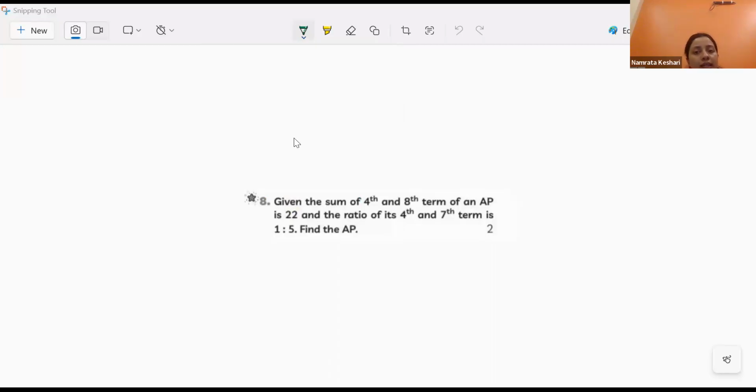Given the sum of 4th and 8th term of an AP is 22, and the ratio of its 4th to 7th term is this one.